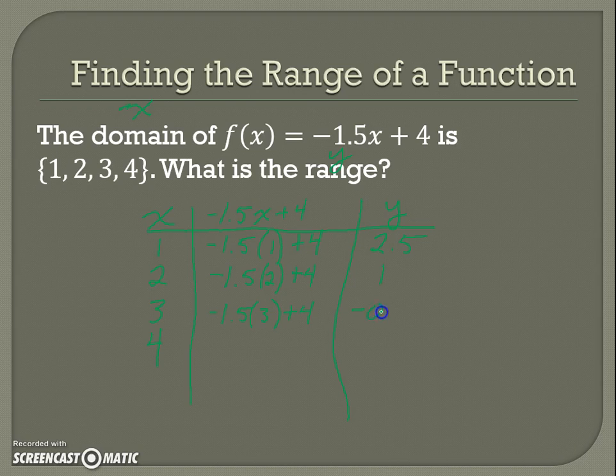So basically, when you are being asked to find the range, you're being asked to find all of the y values. And if you recall from the last presentation, domain is always x, range is always y, and that's in alphabetical order. That's how I always remember those. So there is the range of this particular function.